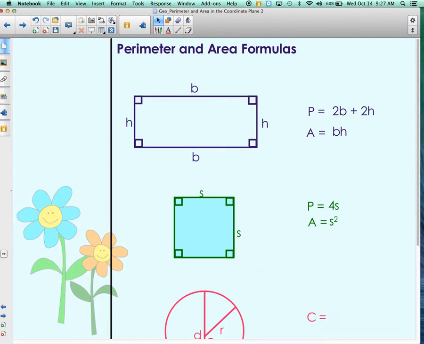In this case, your base and your height for a square are the same. That's why we say side squared. So for example, if the side lengths are 4, we do 4 to the second power, which is 16. So perimeter and area of a rectangle, perimeter and area of a square. And then there's a circle.